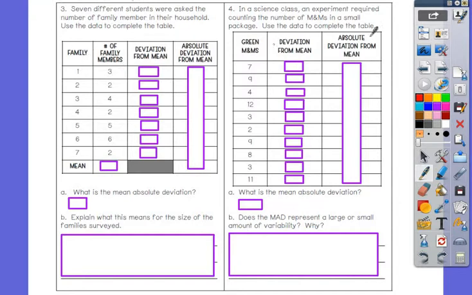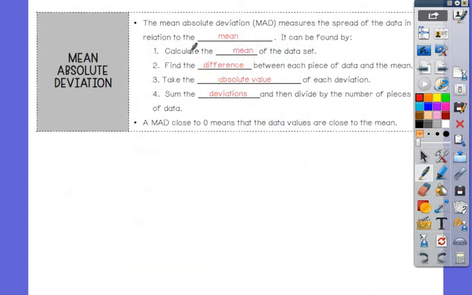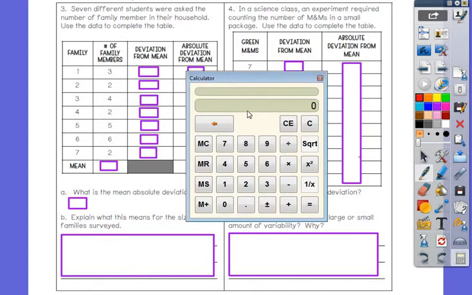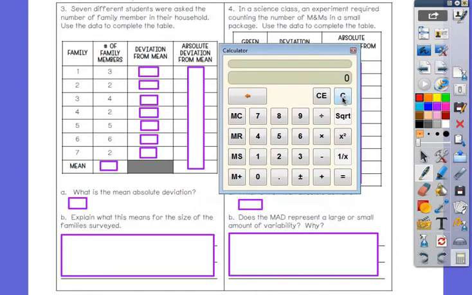So, step 1 in my steps here says to calculate the mean of the data set, which means find the average. So I need to find the average of this column here. So I need to add them all up and divide by 7, the number of families I have.